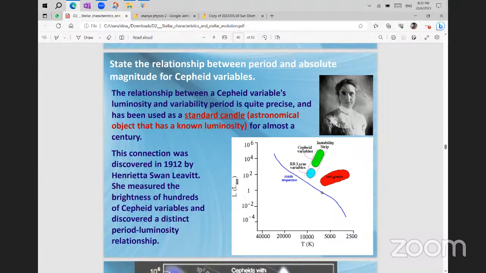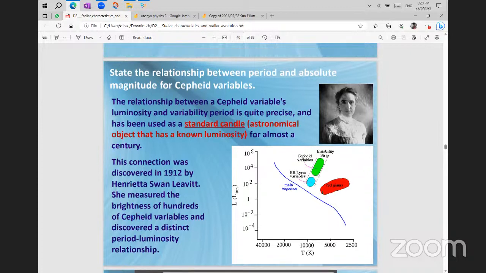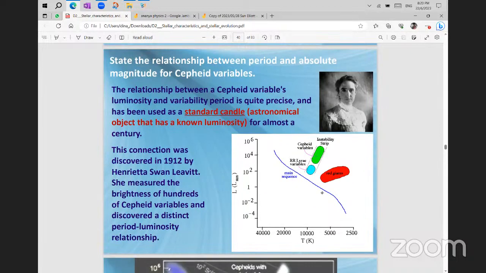Madame Henrietta in 1912 figures out how to use it to our own advantage, in order to measure the thing that we are obsessed with. She figures out the relationship between luminosity and temperature, which are the two things that we cannot measure directly.